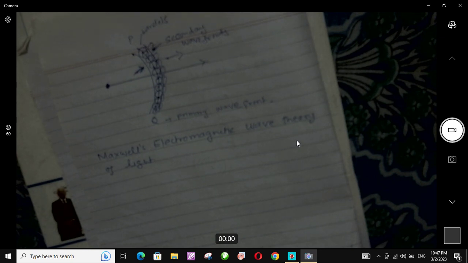Fresnel modified the Huygens wave theory of light to the extent that light is propagated as a transverse wave in the hypothetical medium ether. In the same way, Fresnel said that light also requires a medium for propagation, that is ether. But Maxwell doesn't say that light only propagates through ether.